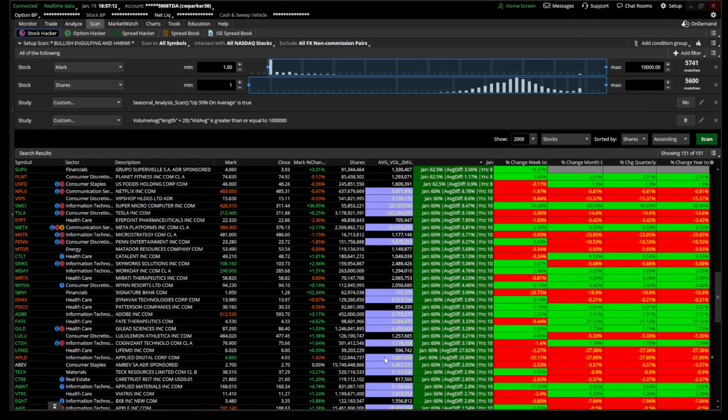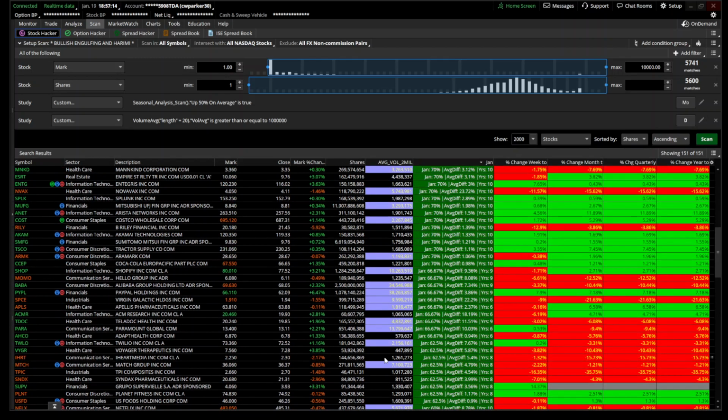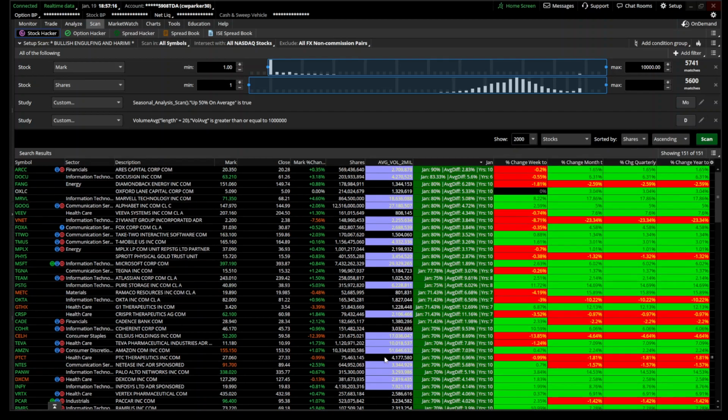So if you're looking for liquidity, those should be pretty liquid. You'll find some that don't. But those are the stocks found in NASDAQ.